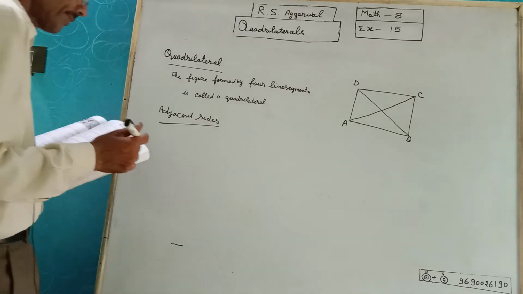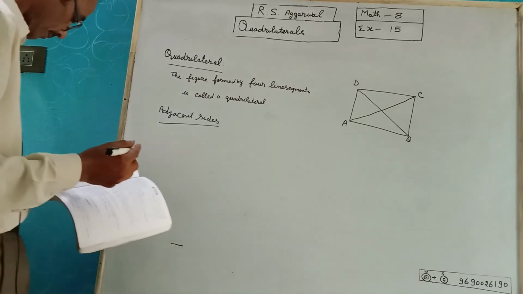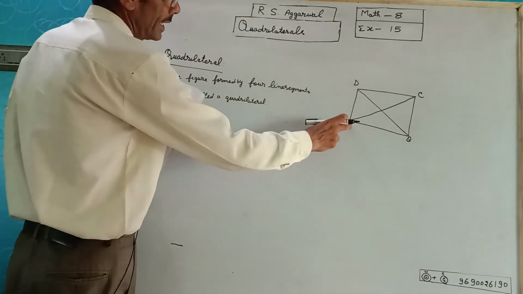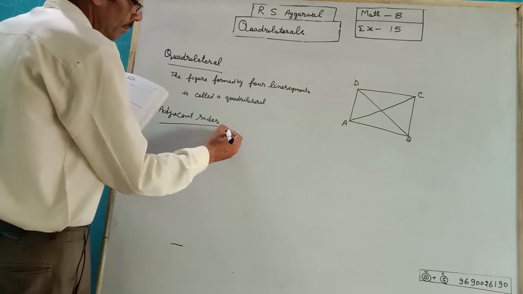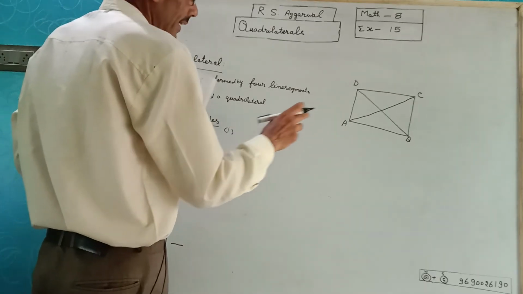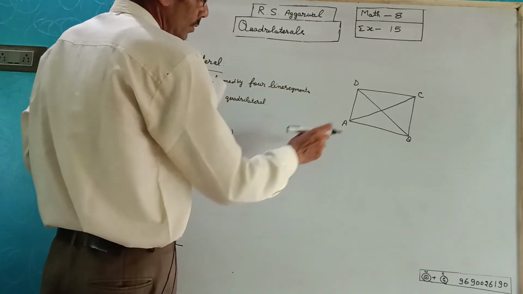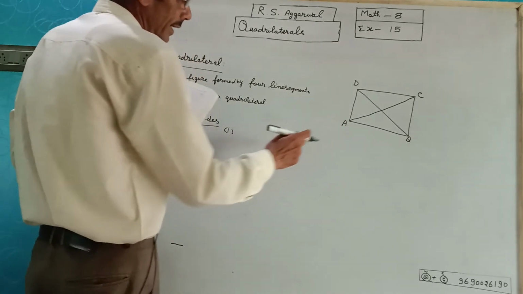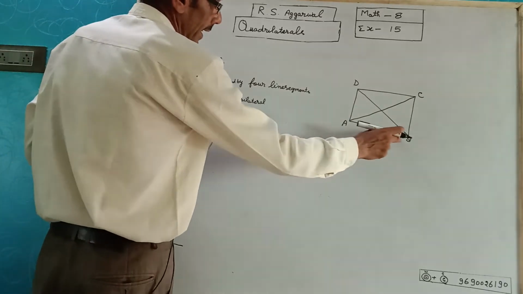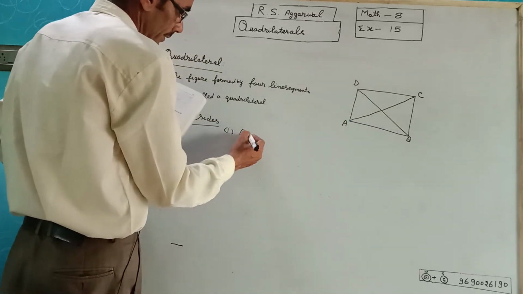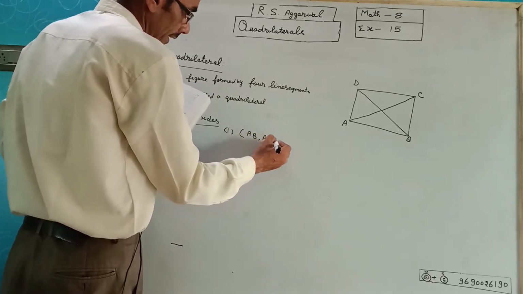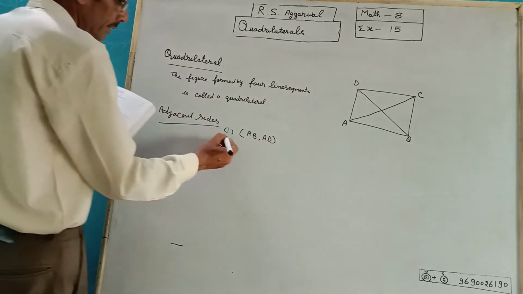Adjacent sides meet at one common point, a vertex. At vertex A, the first pair is AB and AD. AB and AD are adjacent sides, the first pair.